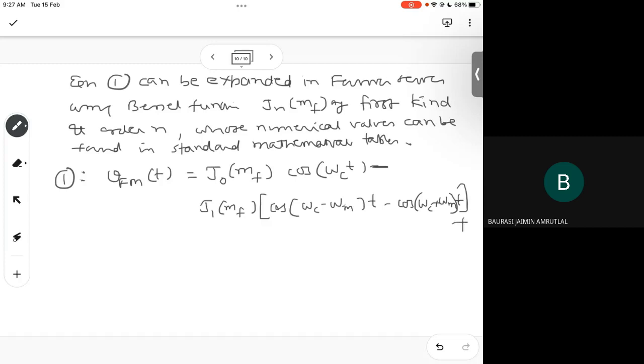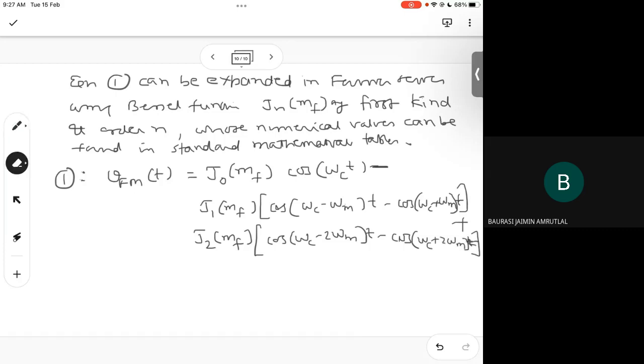Then we have the second order, J_2(M_f) times cos of (omega_c minus twice omega_m) t minus cos of (omega_c plus twice omega_m) t. So this is how we expand this Fourier series in Bessel functions.